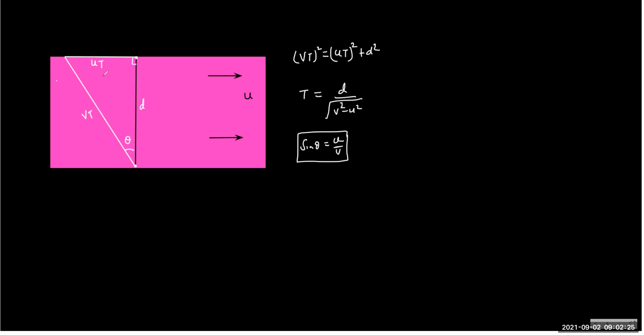So reaching the opposite bank is like creating this triangle. That's it. You move Vt in the frame of water, water lets you move along the flow by Ut, and the resultant vector is here. So this is how we can answer. Okay. This is one way of thinking as well.